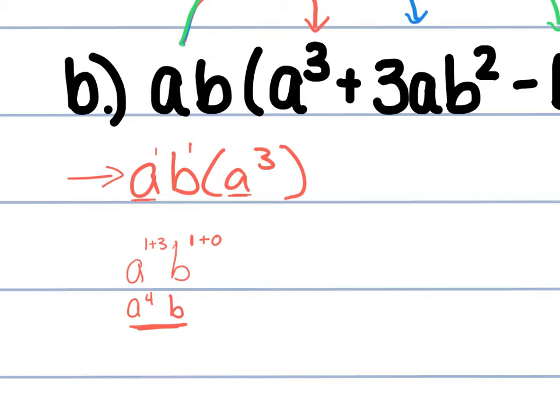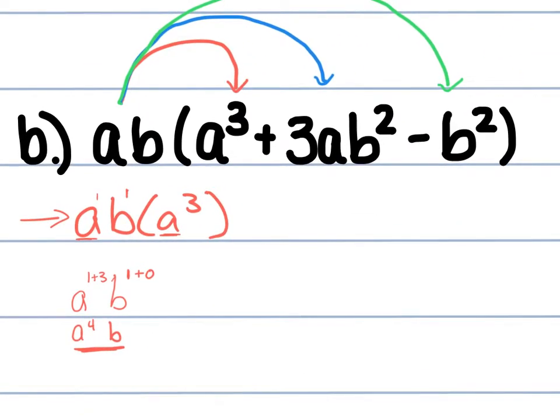All right, Barrett, use that same thing, and let's do the blue line right there. So we've got AB times 3AB squared. All right, so you would multiply the whole thing, right? Well, we're going to do numbers with numbers, A's with A's, B's with B's.